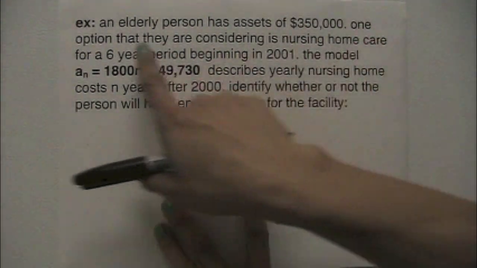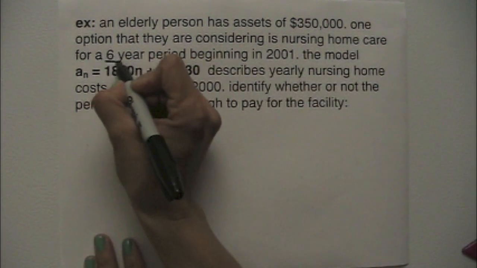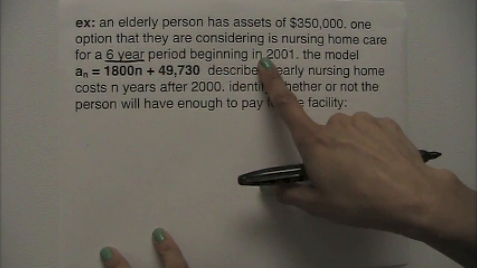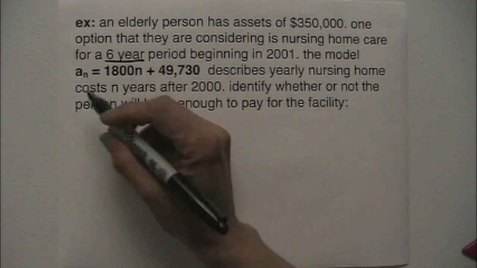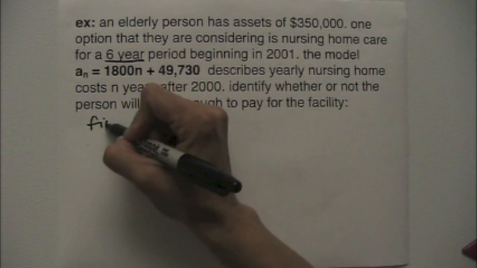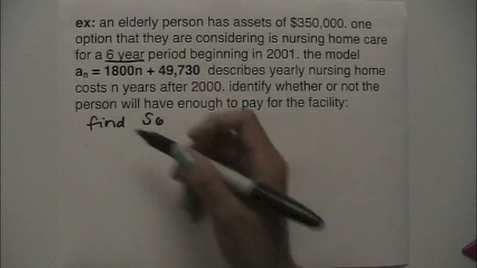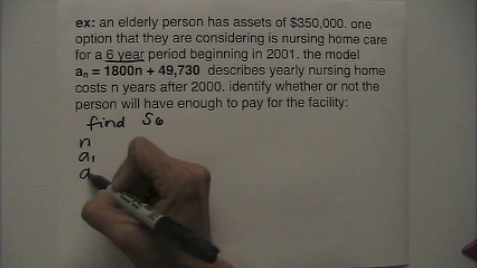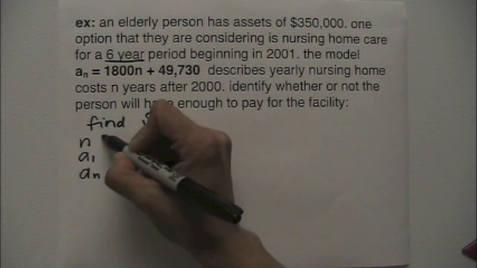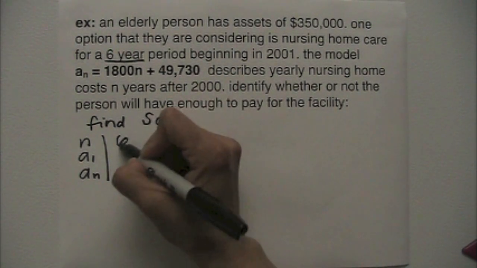So a couple of things. We have one option that they are considering is nursing home care for a 6-year period, and it says it's beginning in 2001. So we are going to find S sub 6. So we have n, a sub 1, a sub n. So n is the number of terms, so there's going to be 6 of them.